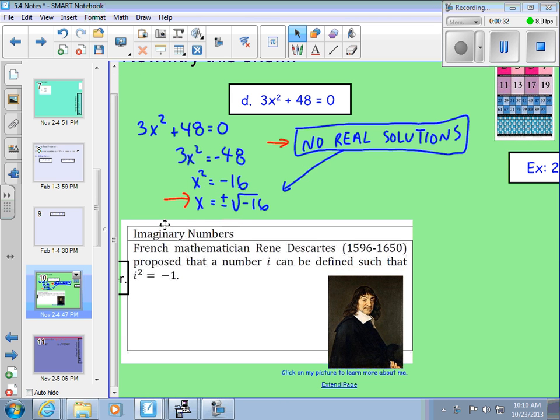Okay, imaginary numbers were first brought up by Rene Descartes back in the 1600s, and he said that we could take the number i, so we're going to use this letter i here for an imaginary number, and it could be defined that i squared is equal to -1.